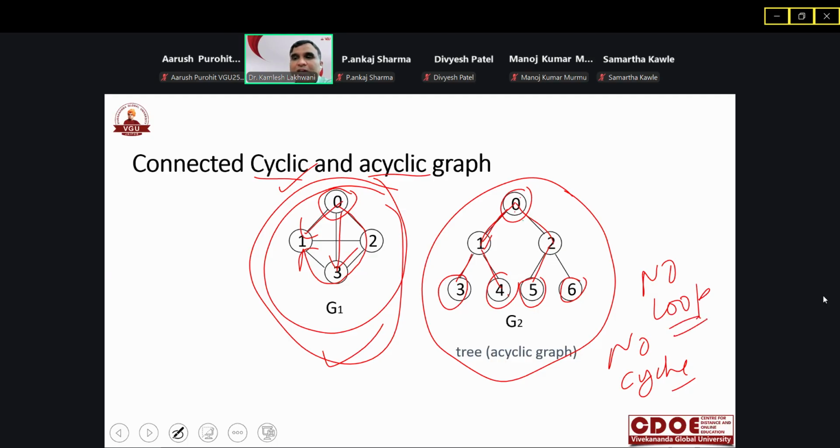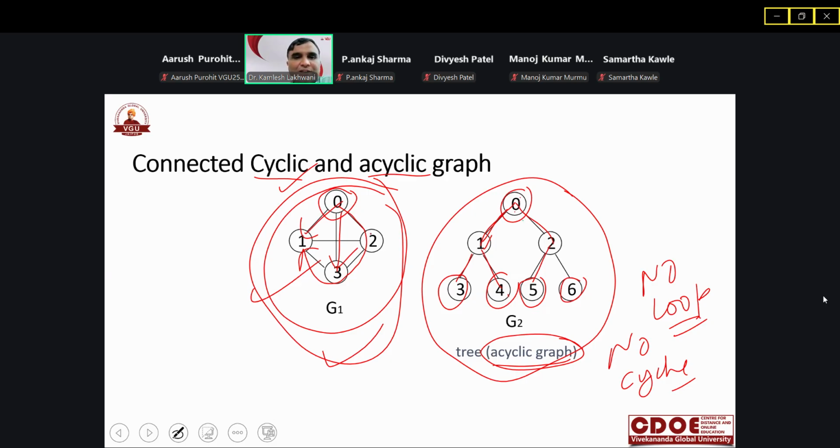If a graph has no loop, it's called an acyclic graph. This is a graph, but loops are not available. So this is acyclic because there is no loop. This is cyclic because there is a loop.